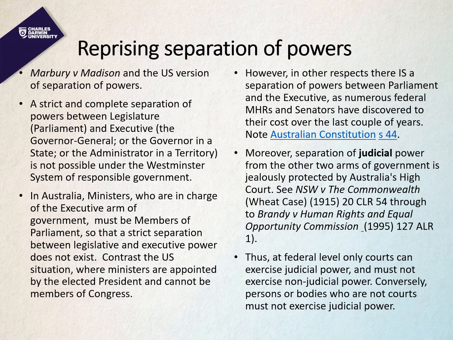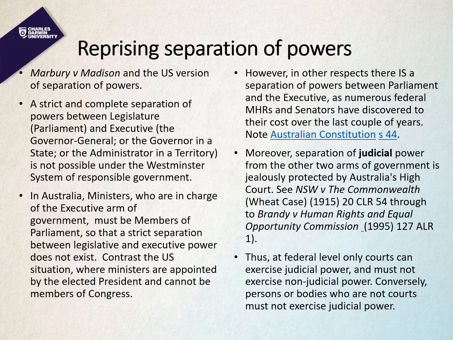That sort of complete separation, though, between the legislature and the executive isn't possible under the Westminster system of responsible government that we have in Australia. And that's because in Australia, ministers who are in political charge of the executive arm of government must be members of Parliament, so that a strict and complete separation between legislative and executive power doesn't exist.